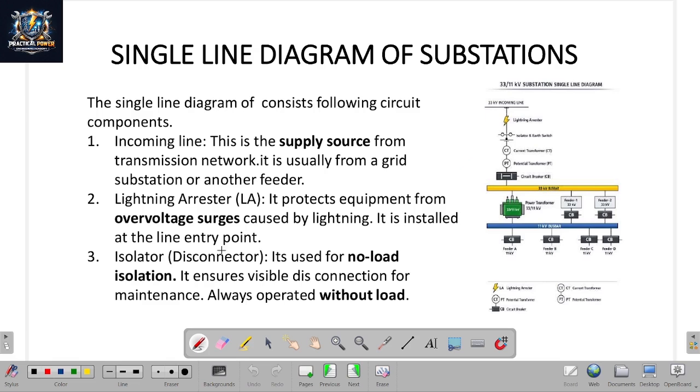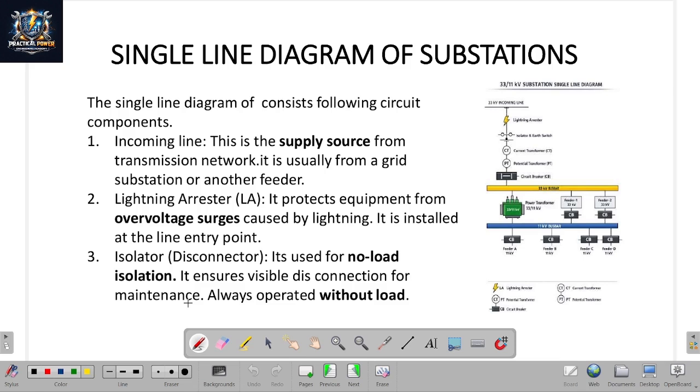Then we come to the isolator. The isolator, or disconnector, is used for no-load isolation. It ensures visible disconnection for maintenance. This disconnection or isolation is carried out for electrical maintenance.